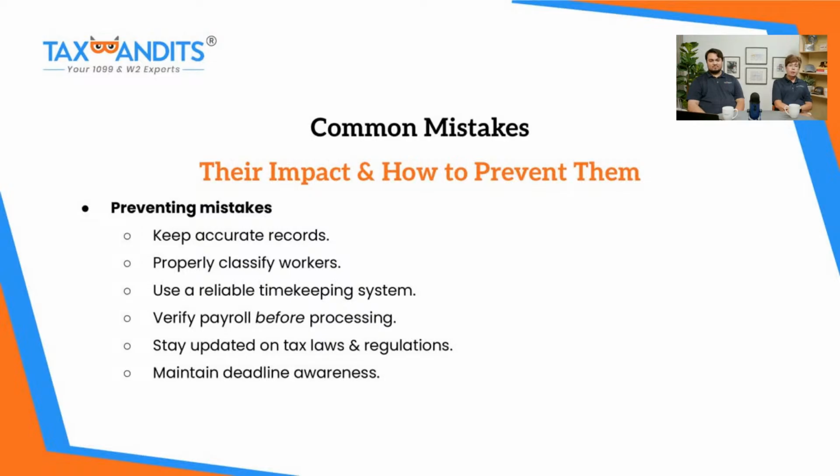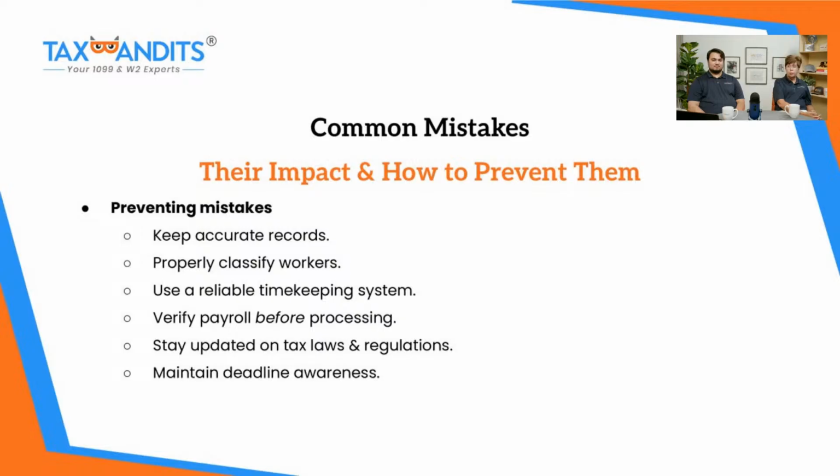Okay, so preventing mistakes. You want to make sure that your records are accurate. This includes payroll time punches or however you keep up with your employees' hours. You want to make sure your workers are properly classified, your timekeeping system is reliable, and you verify your payroll before processing.